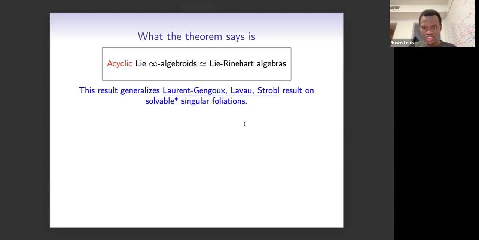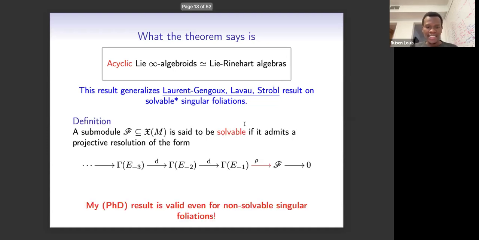This result generalizes a geometrical result done by Laval on singular foliations, but they did it only for singular foliations that are solvable, in the sense that as a module of vector fields on M, they admit a projective resolution of this form.